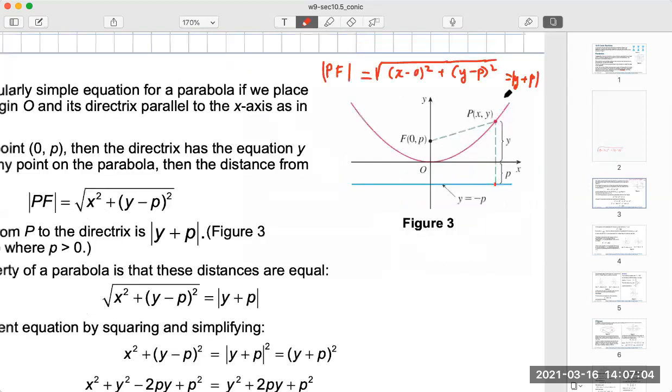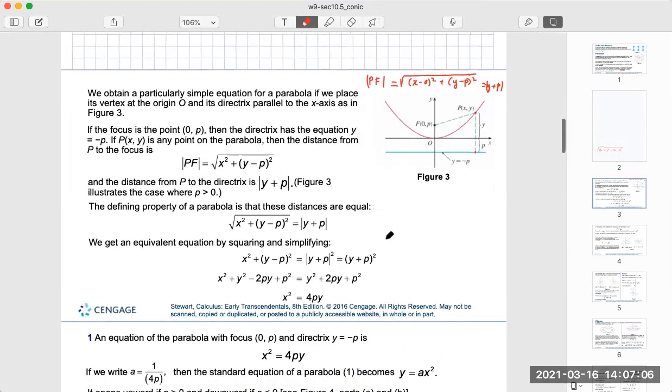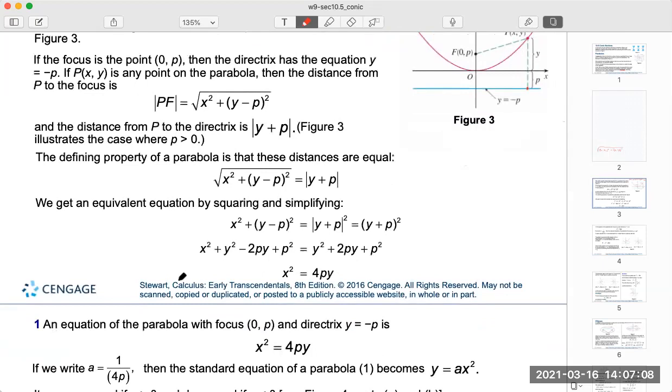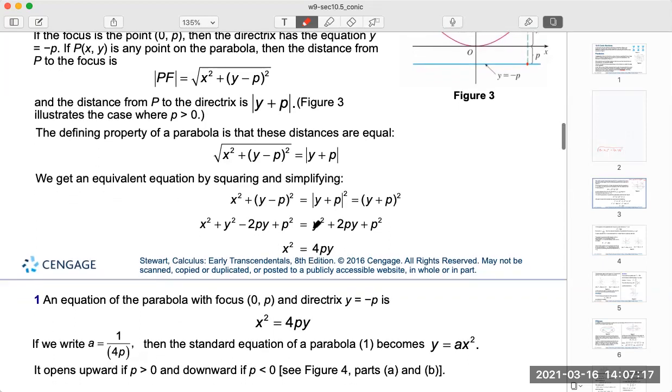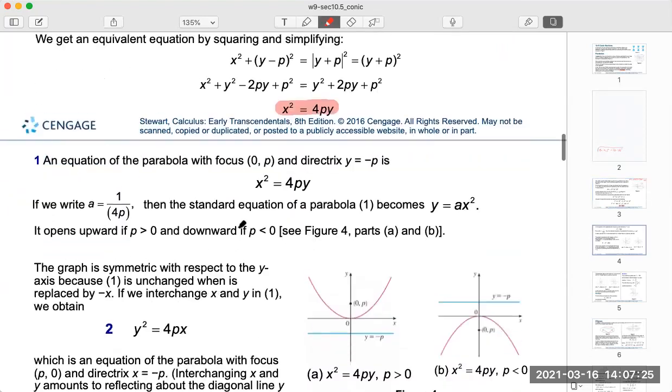Okay. Then we do some computation. Again, we get rid of this radical sign by squaring both sides of the equation, and do some algebra, which gives us this equation. We call it the equation of the parabola.